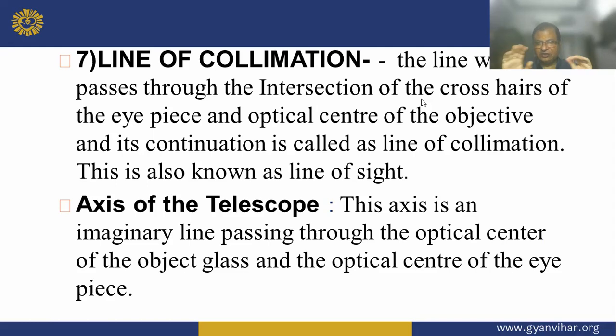So the axis of the telescope is an imaginary line passing through the optical center of the object glass and the optical center of the eyepiece. See, like this.